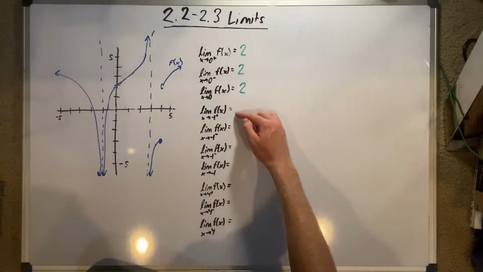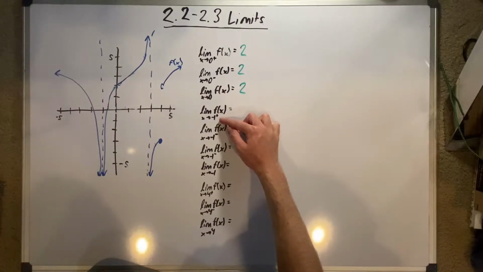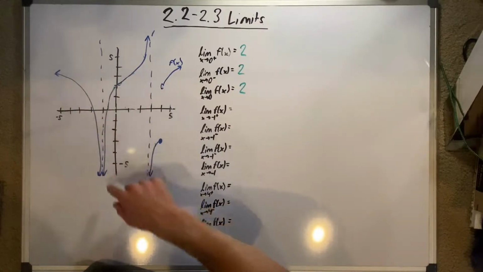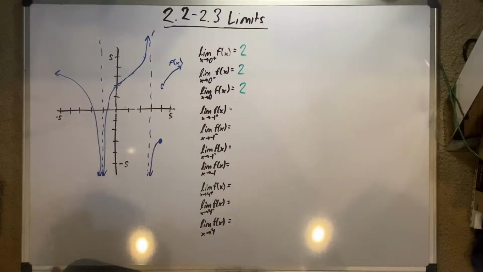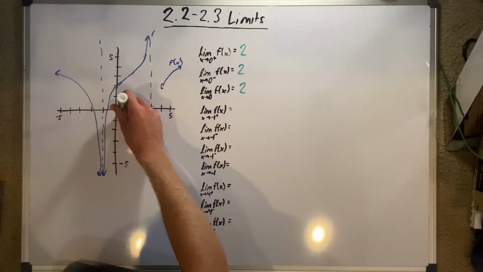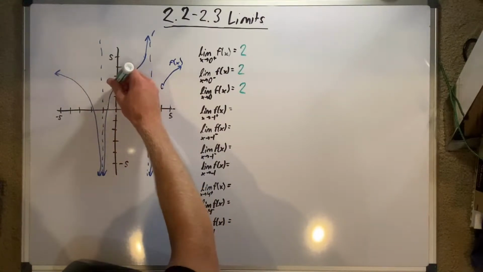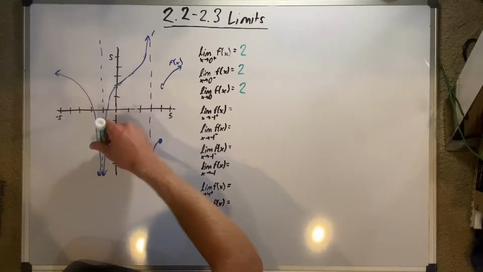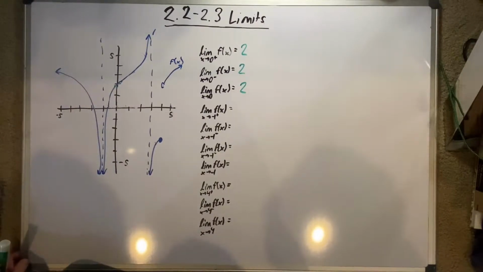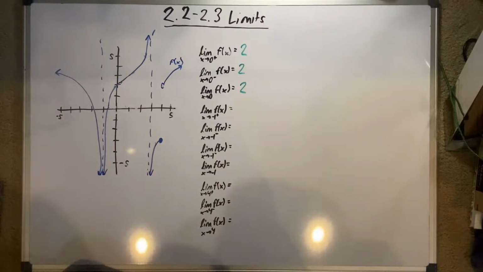So now limit f of x as x approaches -1 from the positive side. So -1 is right here, which is this little vertical asymptote. From the positive side, we're going to do the same thing. We're going to start over here and then move our way this way. So we're going to see this function goes here and then down to infinity. What's really useful about limits is that we can actually use them to describe how infinity works.